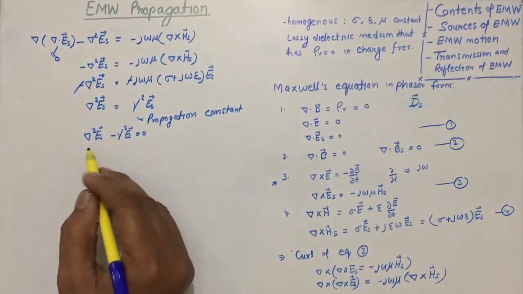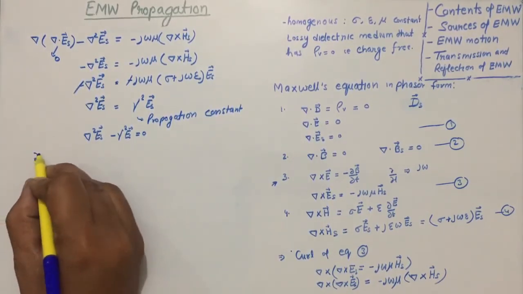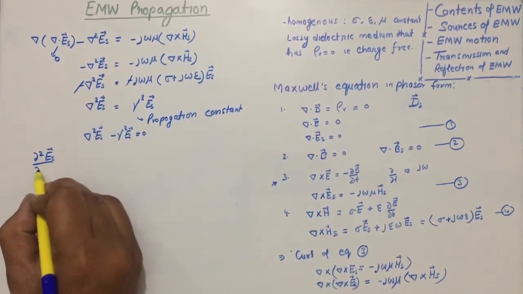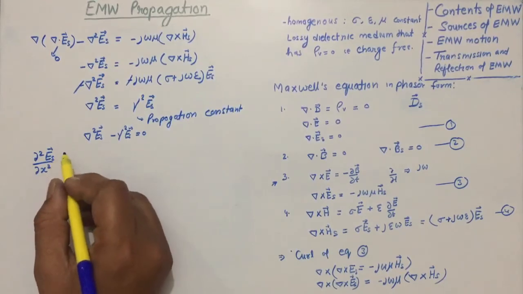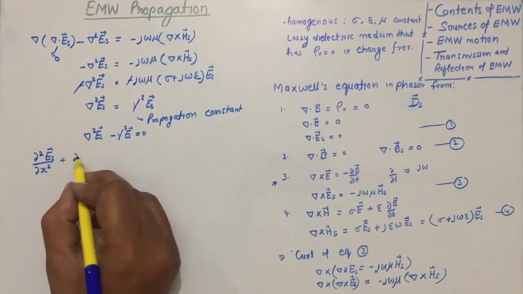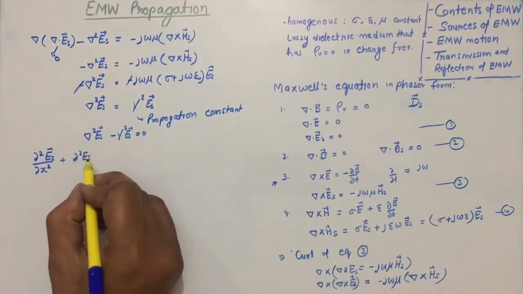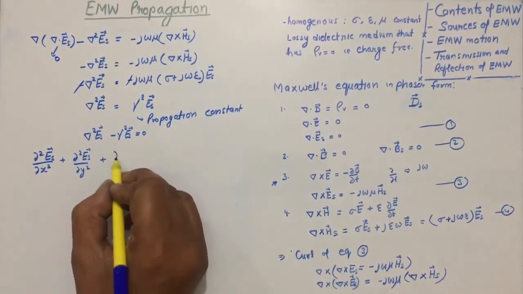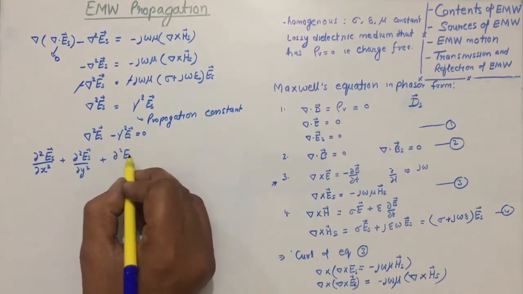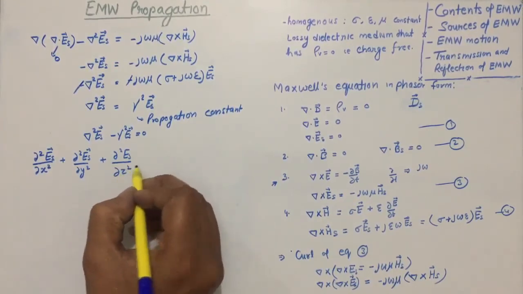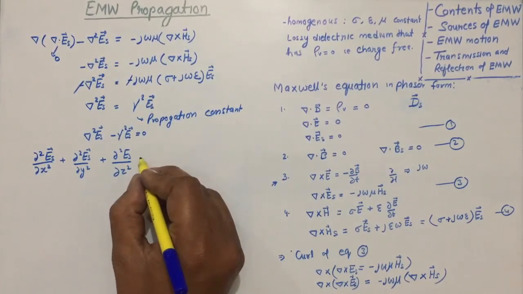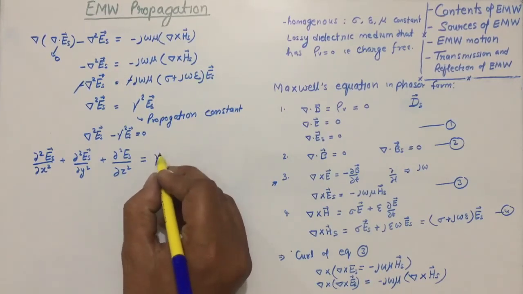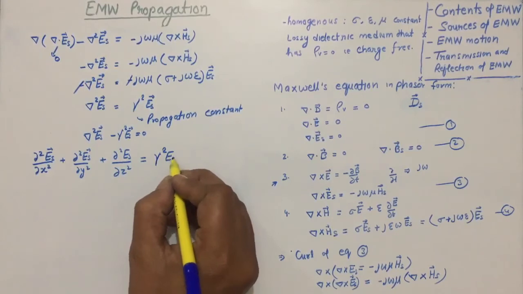As it is the Laplacian, it can be further written in Cartesian coordinates as del square over del x square plus del square over del y square plus del square over del z square of Es is equal to gamma square Es.